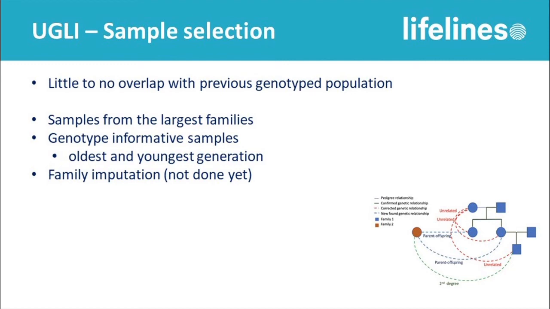Samples were chosen from the largest families within Lifelines, and these were informative samples as the oldest and youngest generation of these families were chosen to be genotyped on the array. So all the other family members could be imputed using the data from the genotyped individuals on the array. This has not been done yet, but will become available in the near future.